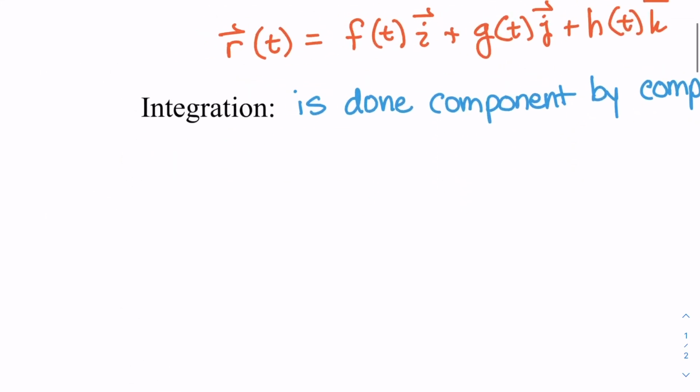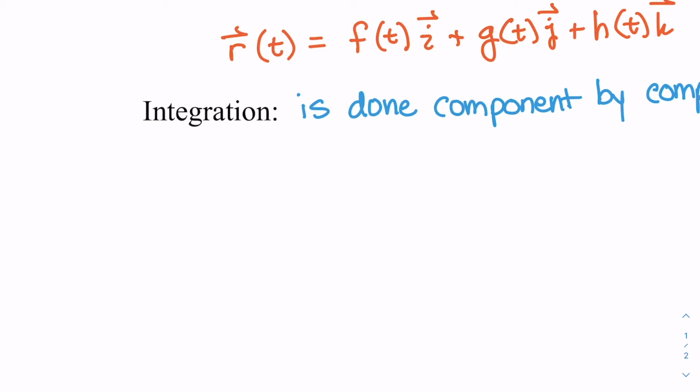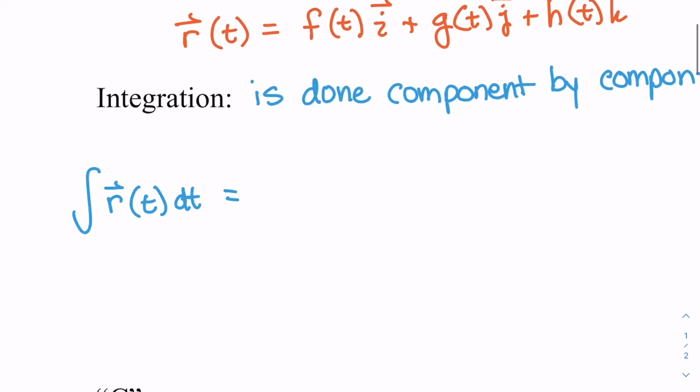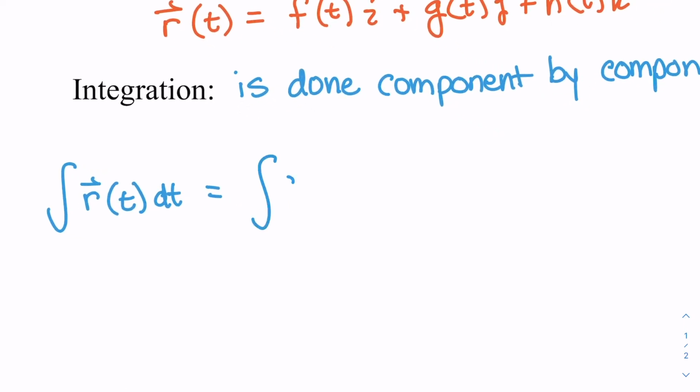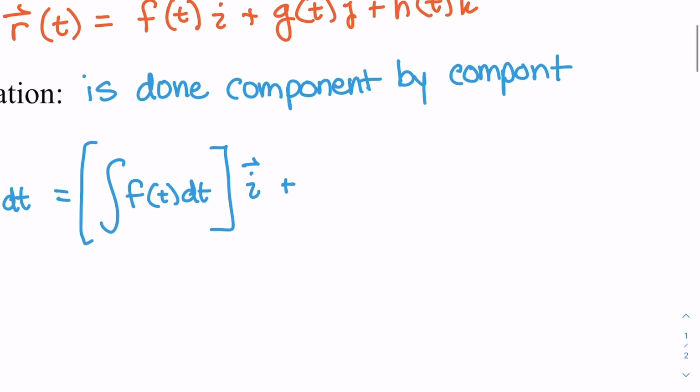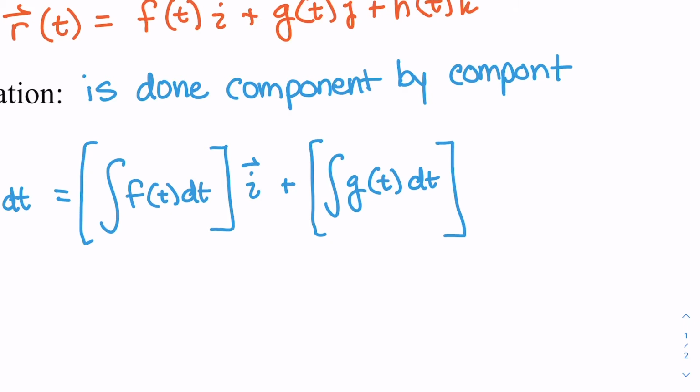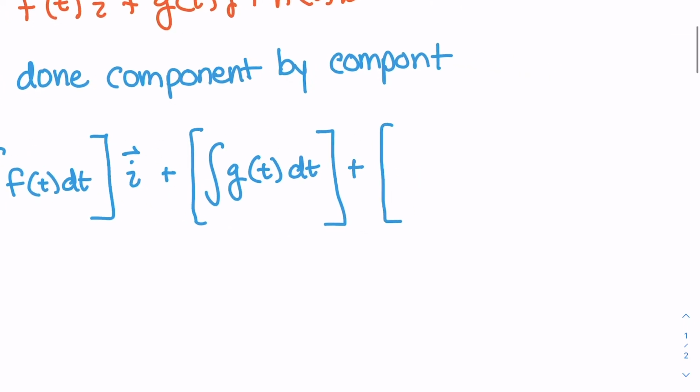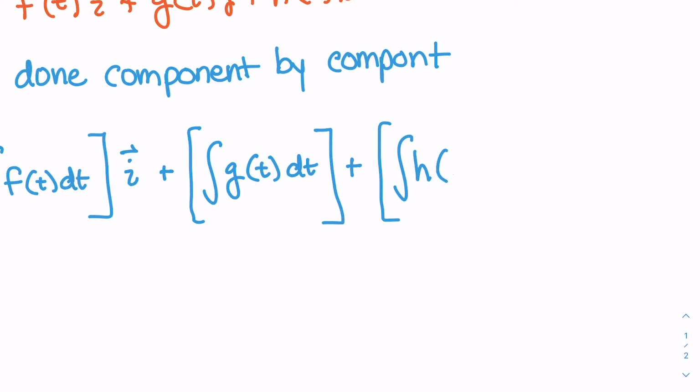So I can write that out a little bit more formally: the integral of r of t with respect to t, because t is our independent variable, is equal to the integral of f of t dt, all of that in the i direction, plus the exact same thing, the integral of g of t dt, plus the integral of h of t dt.